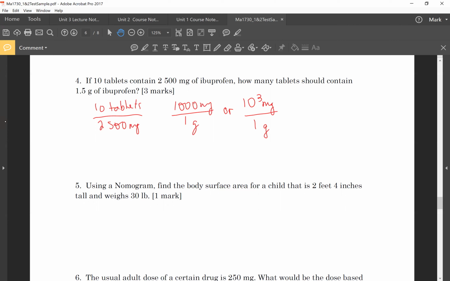So we have 1.5 grams of ibuprofen total, and I'm trying to figure out how many tablets would be 1.5 grams. Well, first things first, what I need to do is change this to milligrams. You could move your decimal place, you could do whatever you need, but the first thing is this needs to be in milligrams. If you're a decimal place person, you would move it 3 places.